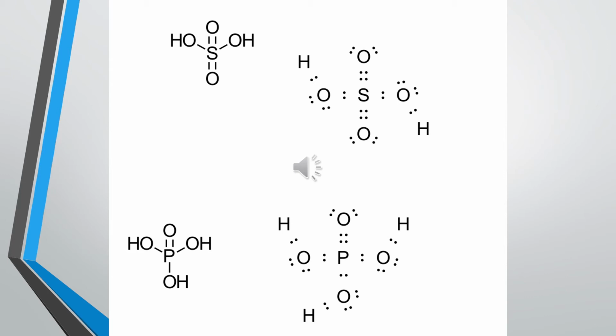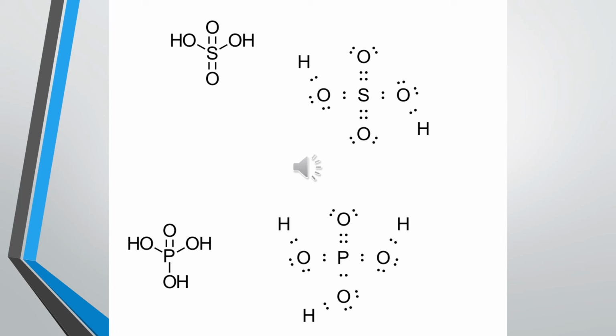In this last slide for this video, I show the Lewis electron-dot structures of 2 very real and very common and important compounds. The first is sulfuric acid, which has the formula H2SO4. The second below that is phosphoric acid, which has the formula H3PO4.